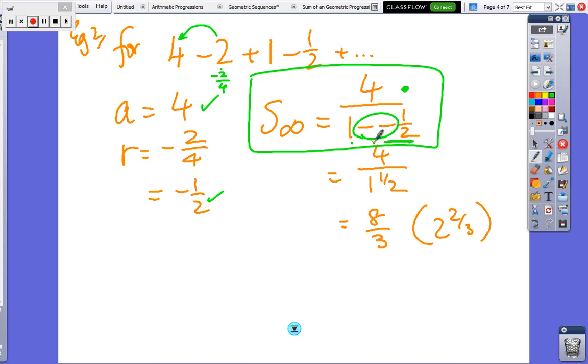So we've got two minuses headbutting each other, so it's a plus, and then 4 divided by 1.5 is 8/3, or 2 2/3. Even though 4 minus 2 is 2, 2 plus 1 is 3, 3 minus a half is 2.5, it's going to keep oscillating, and eventually it's going to oscillate to 2 2/3.